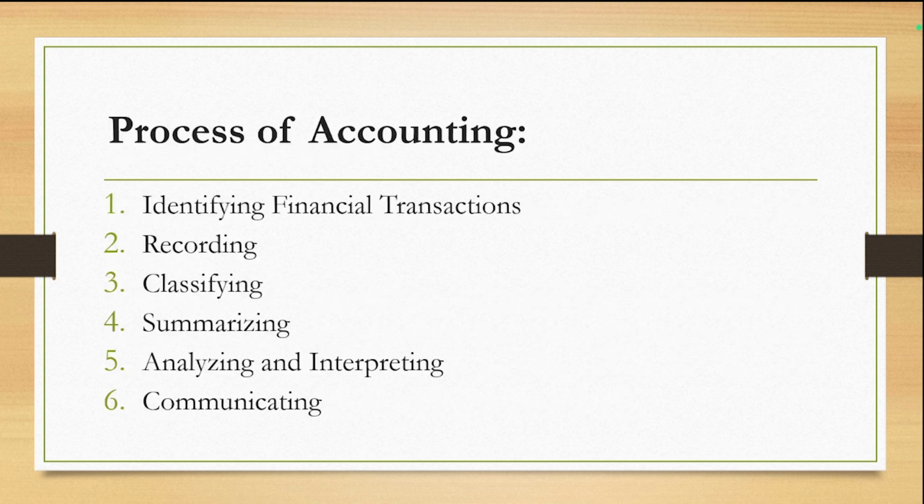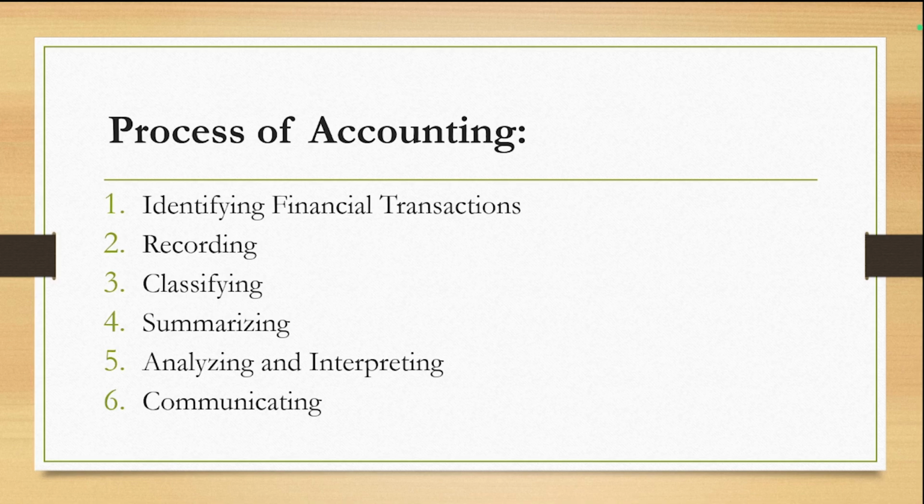Now, let's discuss the process of accounting. In the process of accounting, first of all, identifying financial transactions. For identifying financial transactions, first of all, we need to identify what to record and what not to record, because there are so many transactions related to any business, and we cannot record all the transactions in financial accounting.